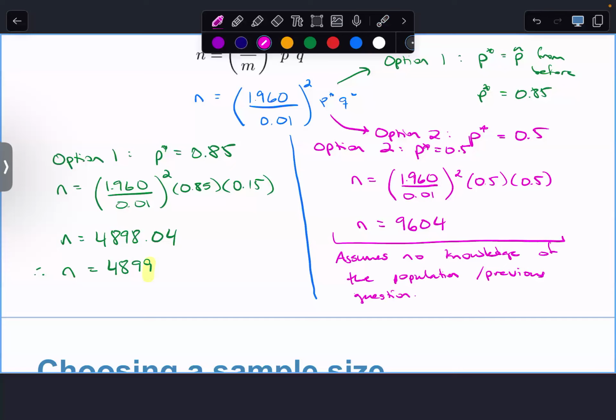But it is expensive to collect a larger sample size, but that's how you would kind of backtrack it. Whereas if you have some idea about what the population looks like, then you'll be able to cut your sample size down, usually, right? But the closer it is to 50-50, the more you're going to need. Nice.